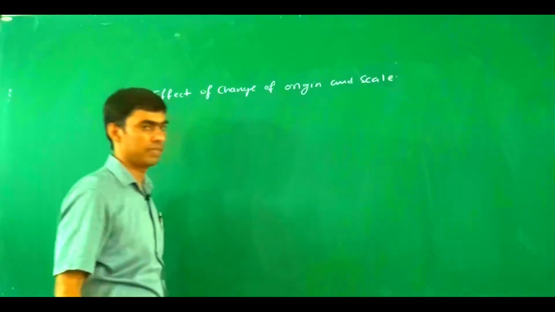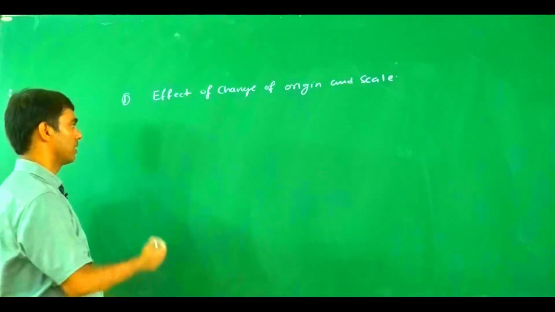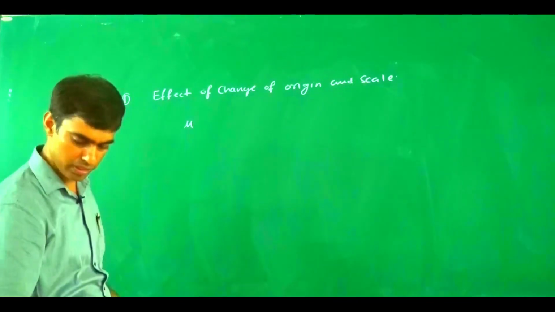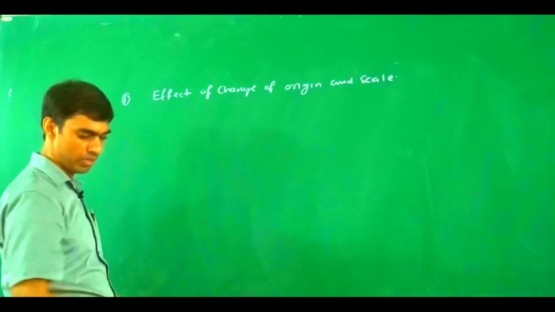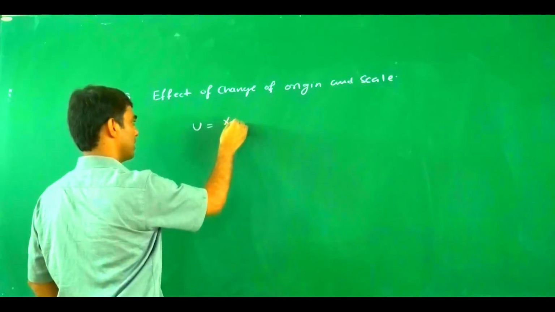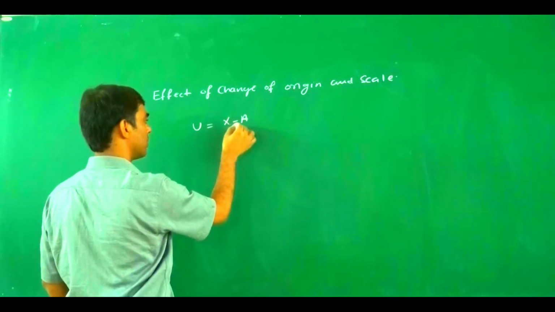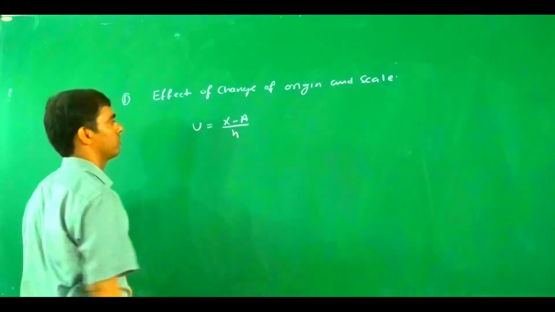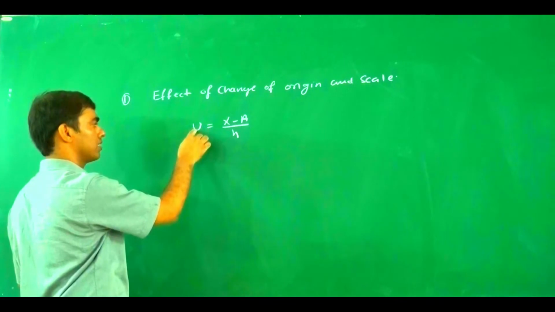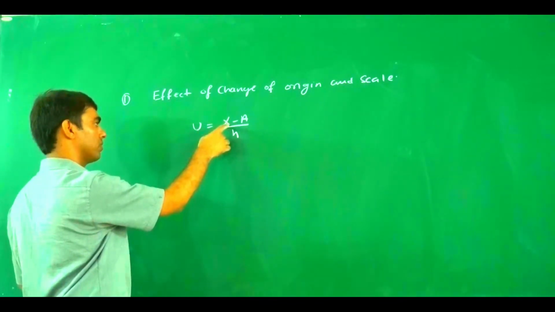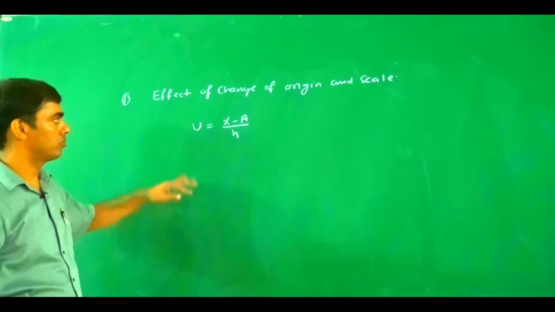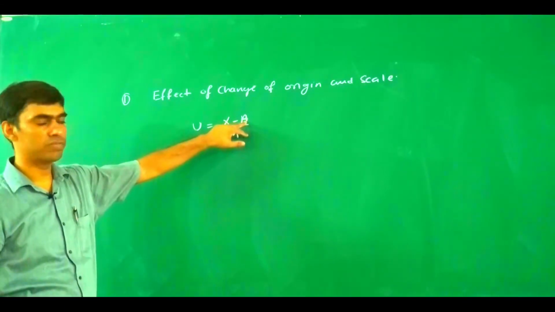Suppose we define a new variable capital U equal to x minus a upon h. U equal x minus a upon h means there is another variable U in terms of x. Then we try to examine the effect of change of origin.